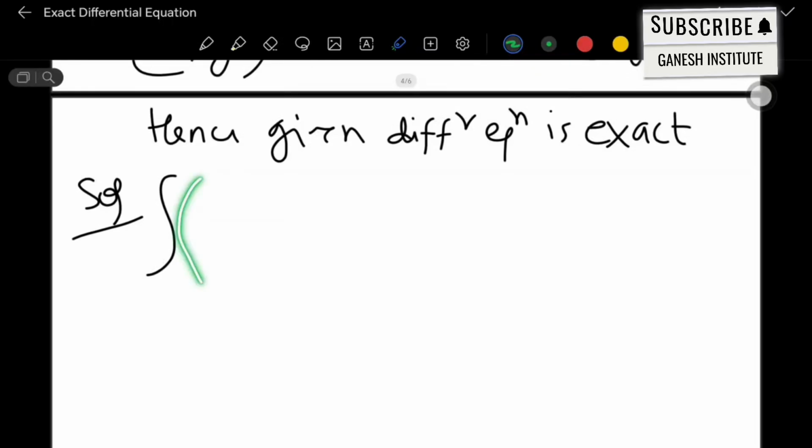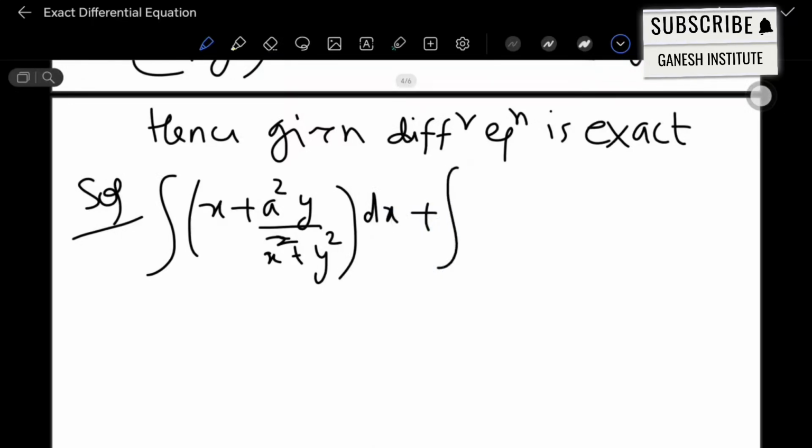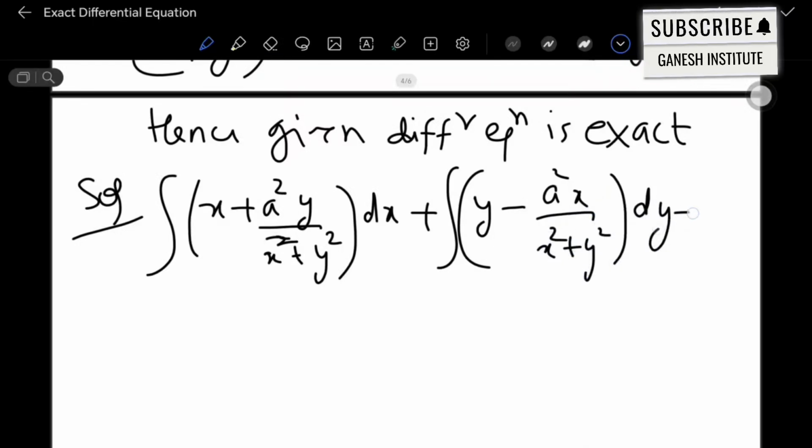So integration of (x plus a square y) upon (x square plus y square) dx plus integration of (y minus a square x) upon (x square plus y square) dy will be equal to some constant.